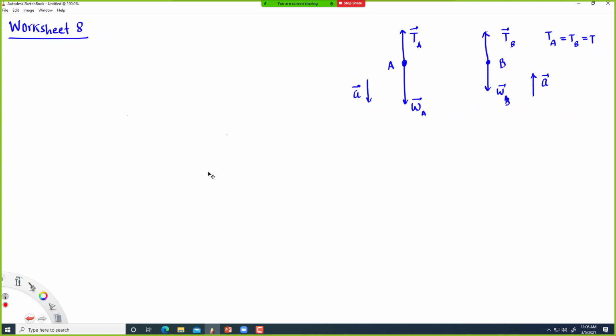So here the acceleration is down, so we will define the coordinate such that the positive y is down, negative y is up. And here acceleration is up, so we'll define the coordinate with positive y up and negative y down.